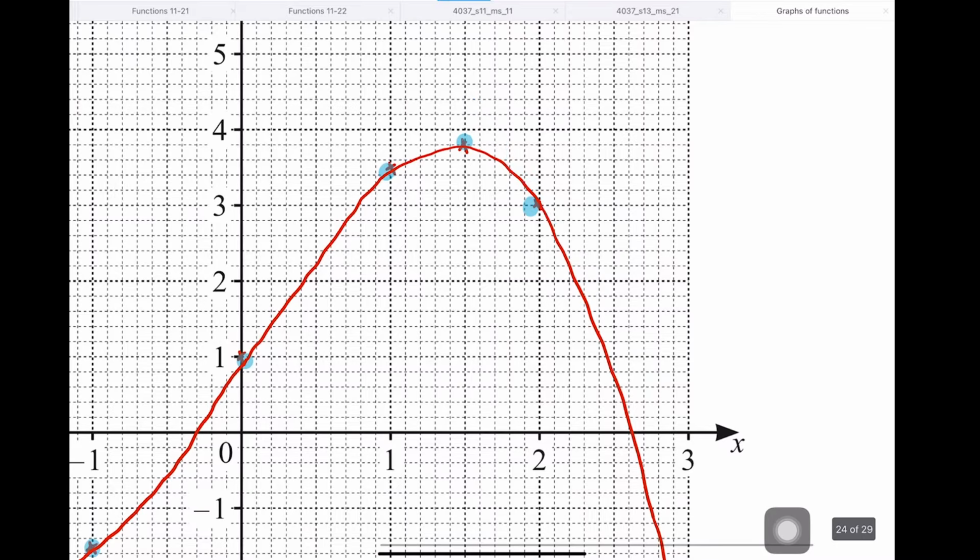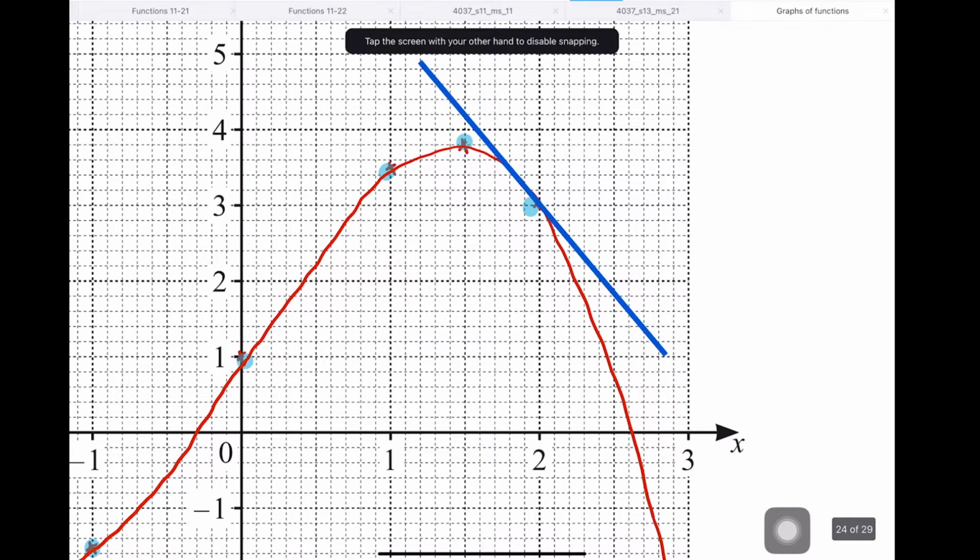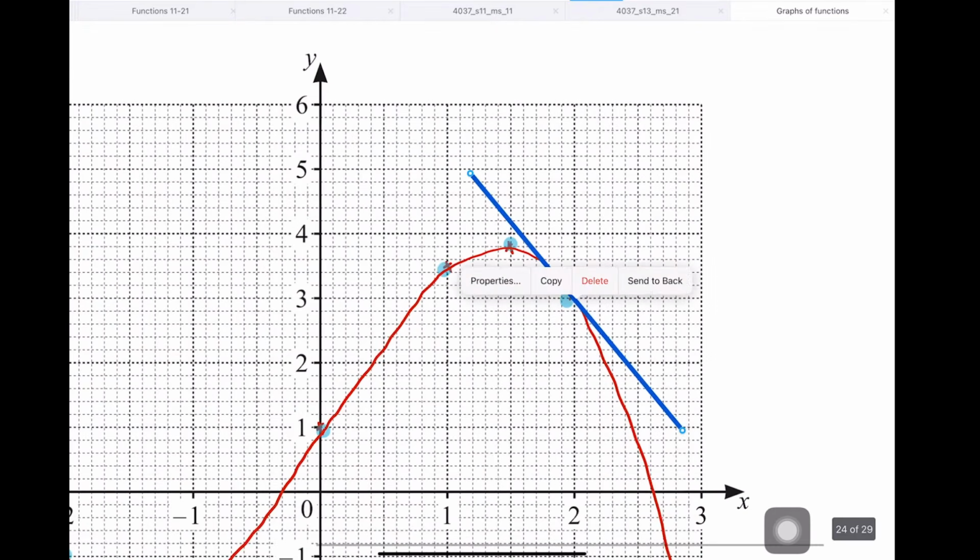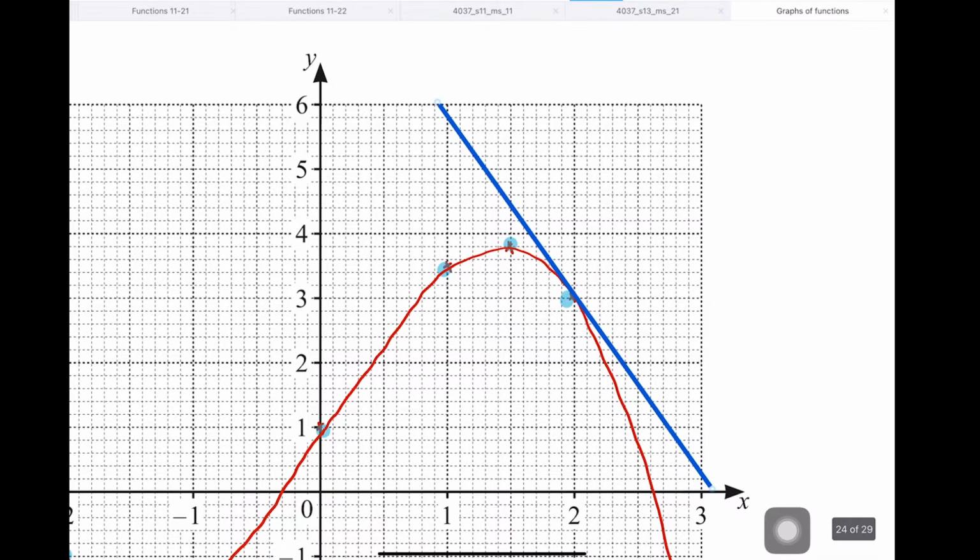Okay, so let's do that one more time. And when you make a tangent, make sure that you extend the line as well. Why? Because जितनी लंबी आपकी लाइन होगी उतना पॉइंट्स ढूंढना आसान होंगे आपके लिए. Okay, and also another thing to keep in mind is that your tangent should represent the steepness of the curve.